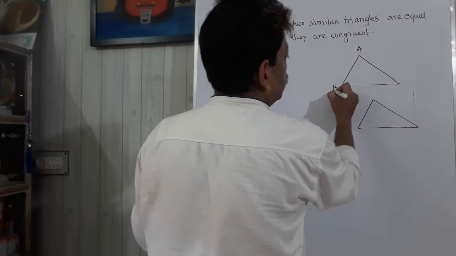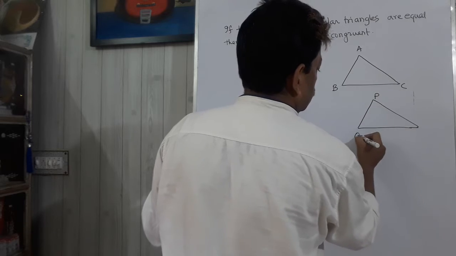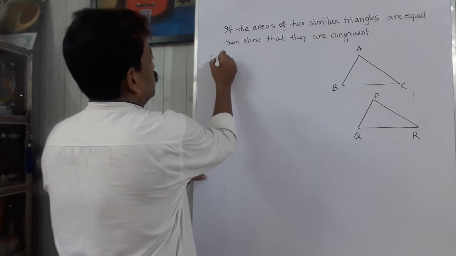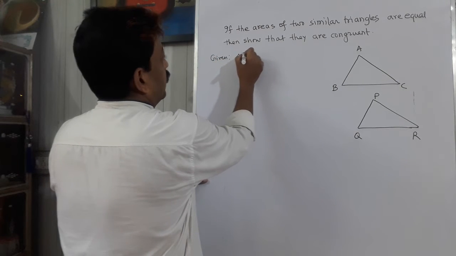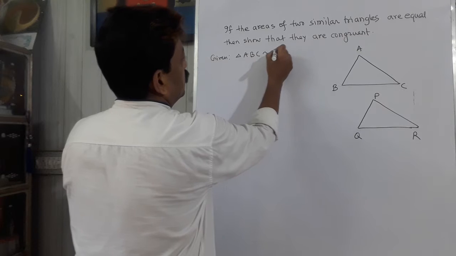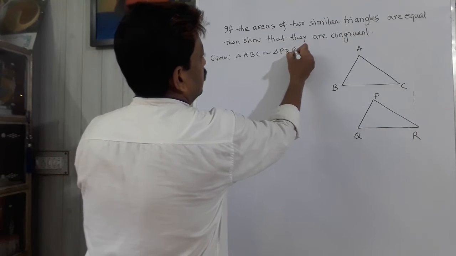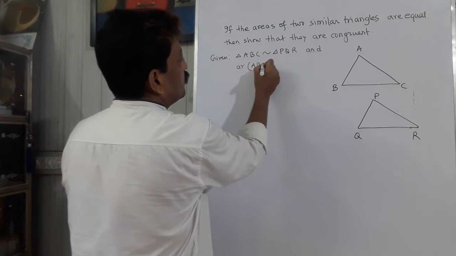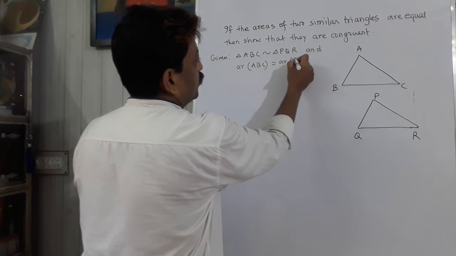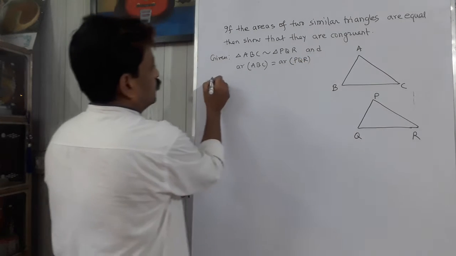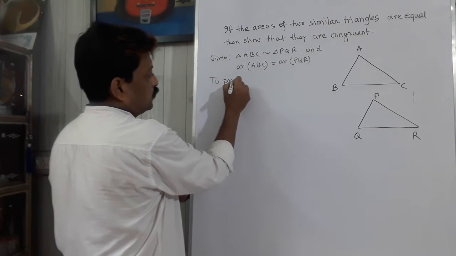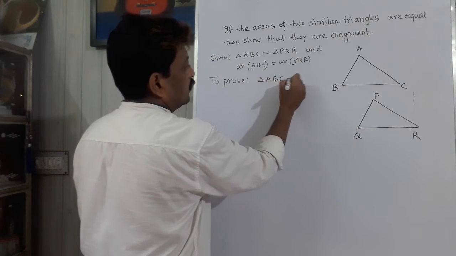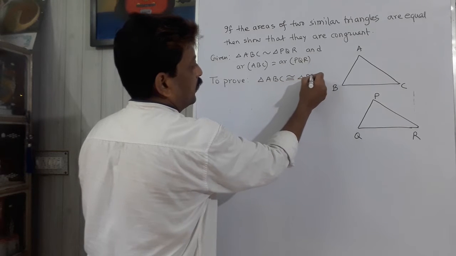Suppose ABC and PQR, these two triangles are similar and their areas are equal. Triangle ABC is similar to triangle PQR and area of triangle ABC is equal to area of triangle PQR. To prove: triangle ABC is congruent to triangle PQR.